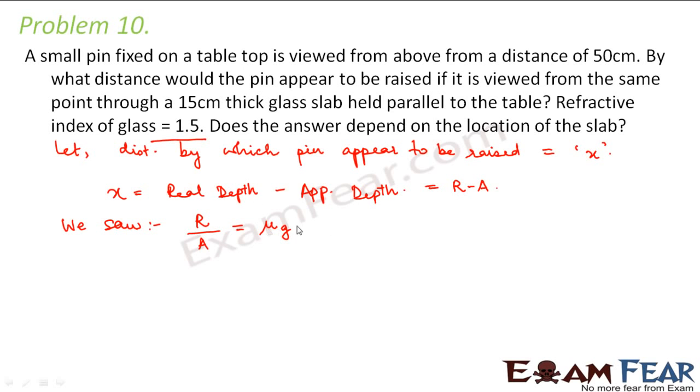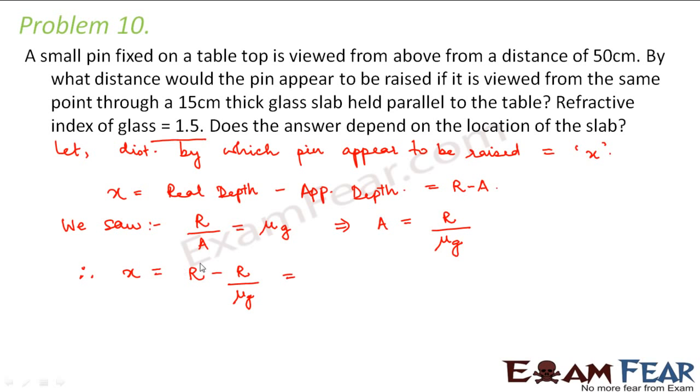So here the medium is glass, so this is equal to mu g. So we can say that apparent depth is equal to real depth divided by refractive index of glass. Therefore we can say x is equal to r minus r by mu g.